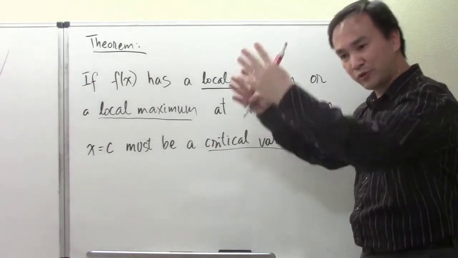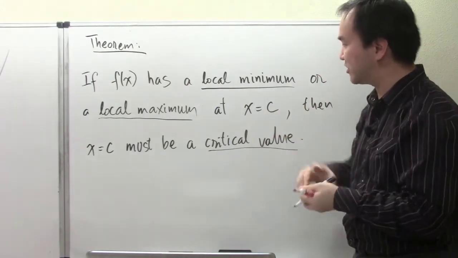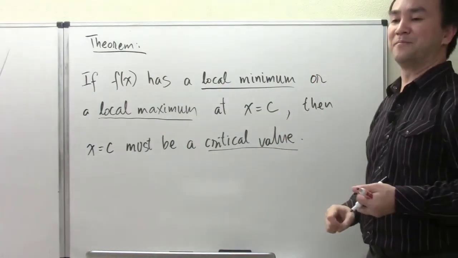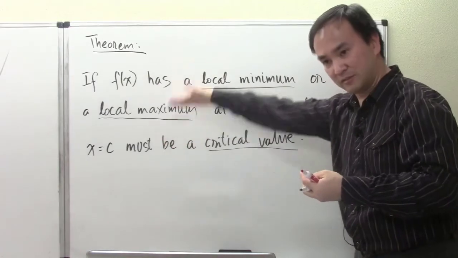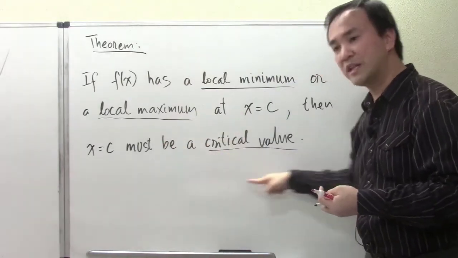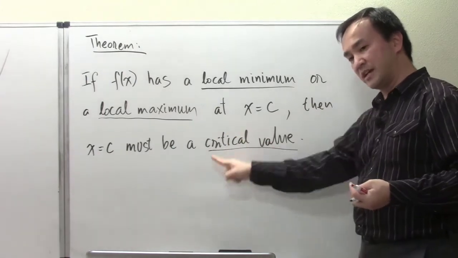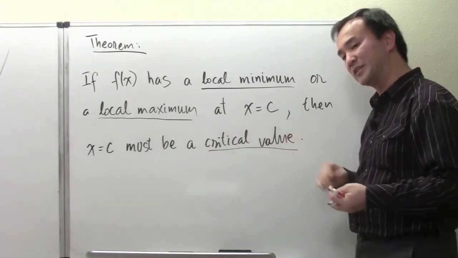Once we have tracked down all the critical values, some of those could be maximum and some could be minimum. But for sure, a local maximum or minimum must only happen at those x values being the critical values. That's how useful this little theorem is.